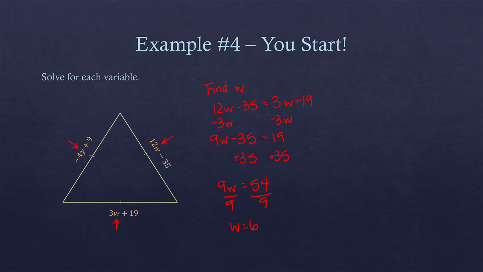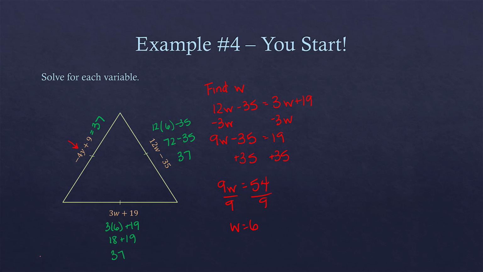To solve for y, we first need to plug in our w. 3 times 6 plus 19. So we find that each of these sides are the length of 37. And since it's equilateral, remember, all my side lengths equal 37. So this one also equals 37.